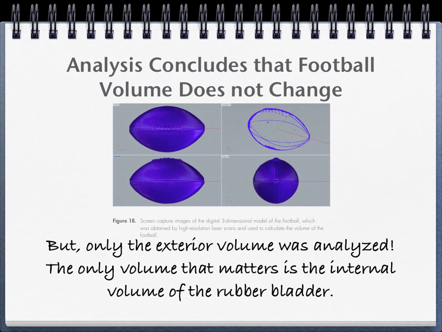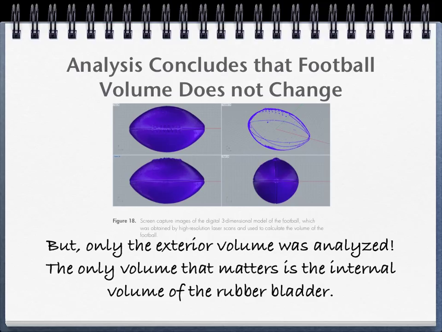With respect to volume, the engineering analysis analyzed the external volume using a laser scanner and concluded that the volume doesn't change. I think that if you think about it, it's sort of obvious that the volume that matters is the interior volume of the bladder. And the interior surface of a football, the surface that goes against the bladder, isn't smooth.